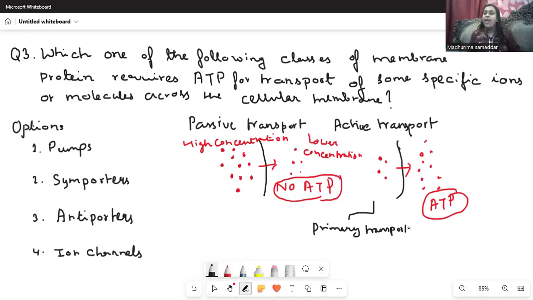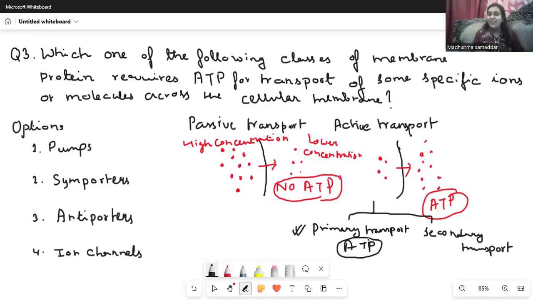And the second one is secondary transport. So now, in case of the primary transport, they will use ATP directly as an energy for the transport of the molecules or ions.